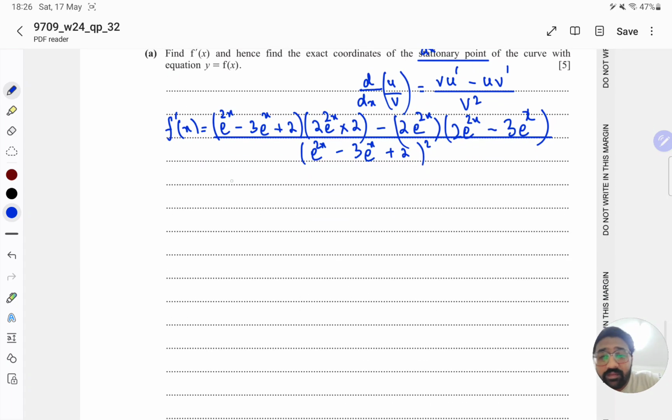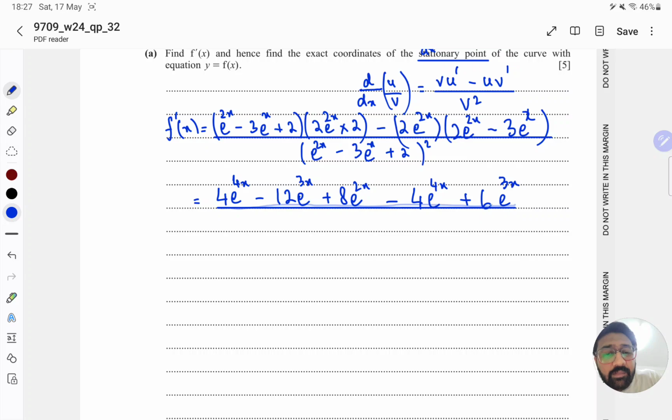Yes, so if we further simplify, if I expand the numerator, it is going to be 4 e raised to the power of 4x minus 12 e raised to the power of 3x plus 4 e raised to the power of 2x minus, if I expand this, it's going to be 4 e raised to the power of 4x plus 6 e raised to the power of 3x, divided by the denominator, which is e raised to the power of 2x minus 3 e raised to the power of x plus 2 whole square.